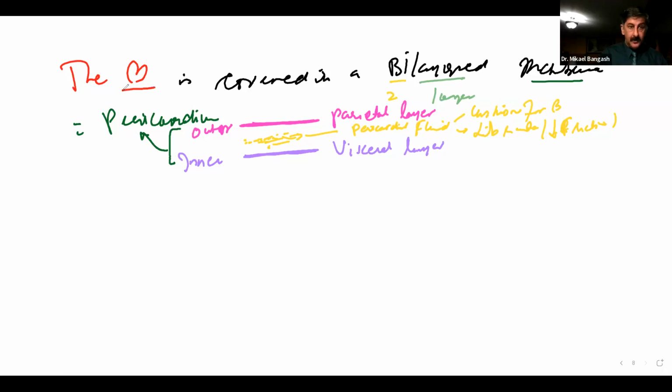Now, guys, we will talk about the heart. Look at the wall of the heart in its full thickness; it is going to be made up of muscle.